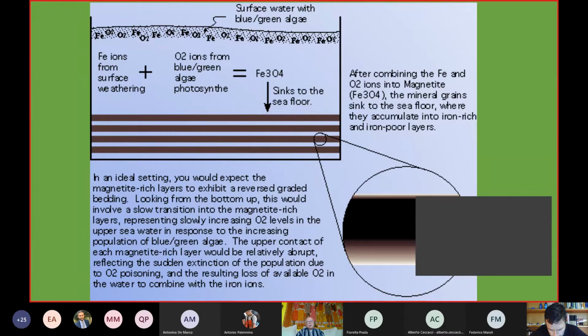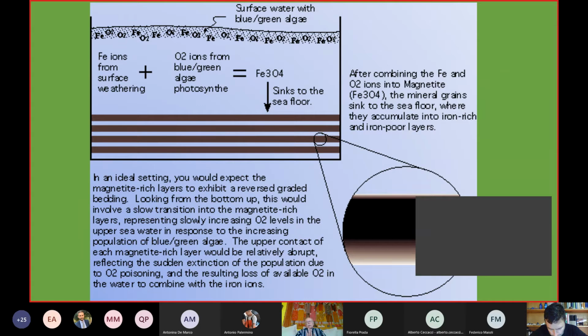Now, about 3 million years ago, you already have blue-green algae, cyanobacteria, and they emit oxygen in their photosynthesis. Now, that oxygen immediately combines with the iron to form the trivalent iron oxide that, unlike the divalent one, is not soluble, so it sinks immediately.